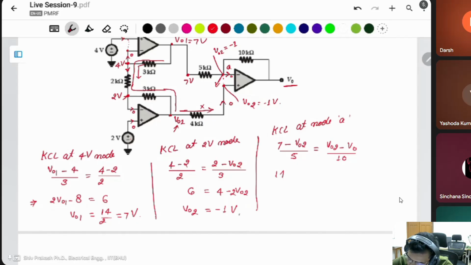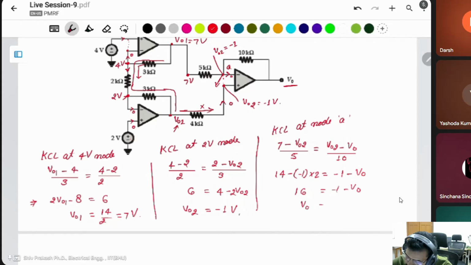This will be 14 minus V02. V02 is equal to minus 1. 2 is equal to, this will be V02 minus 1 minus V0. 14 plus 2 will be 16. 16 is equal to minus 1 minus half V naught.